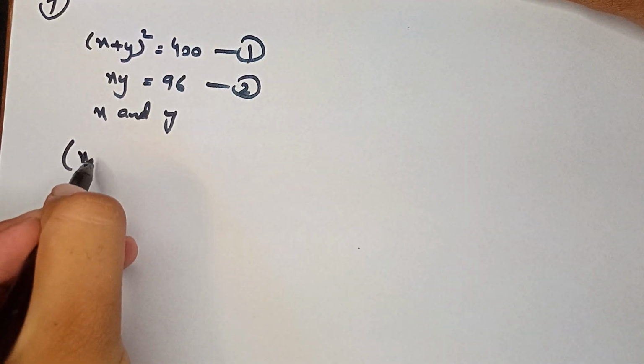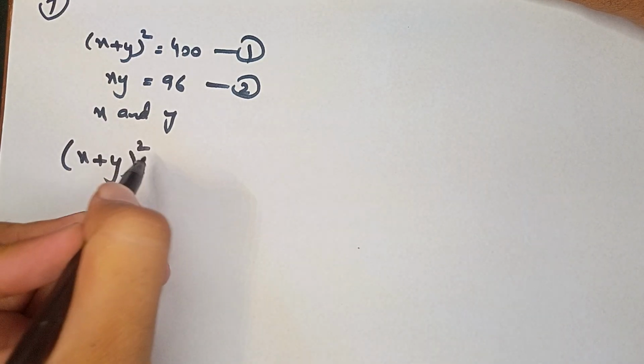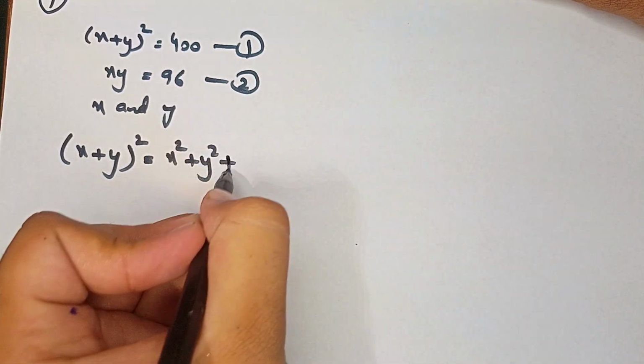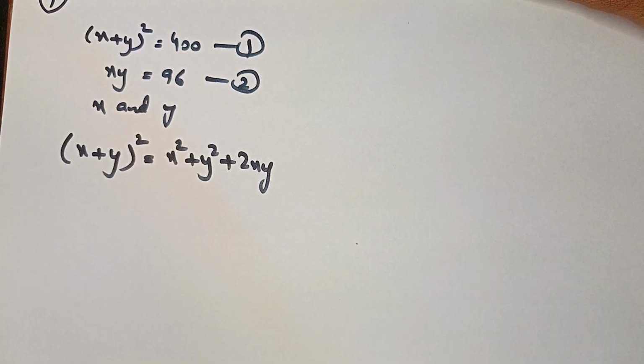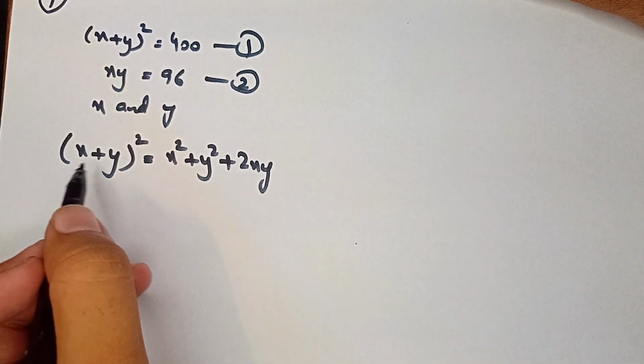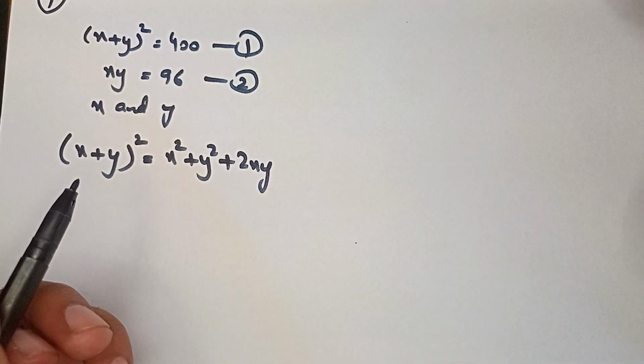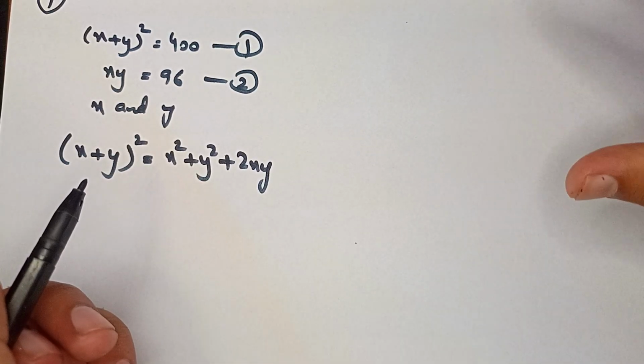As we know, (x + y)² is equal to x² + y² + 2xy. This is the formula.